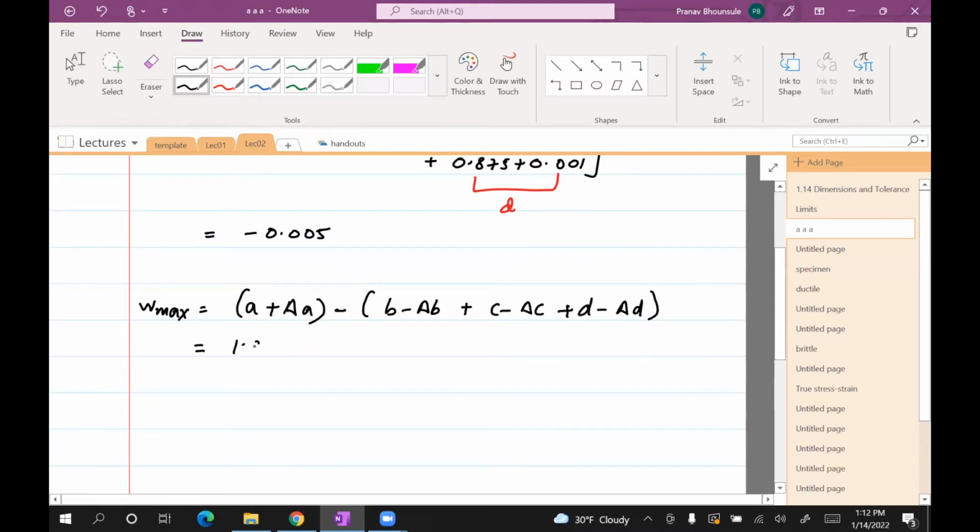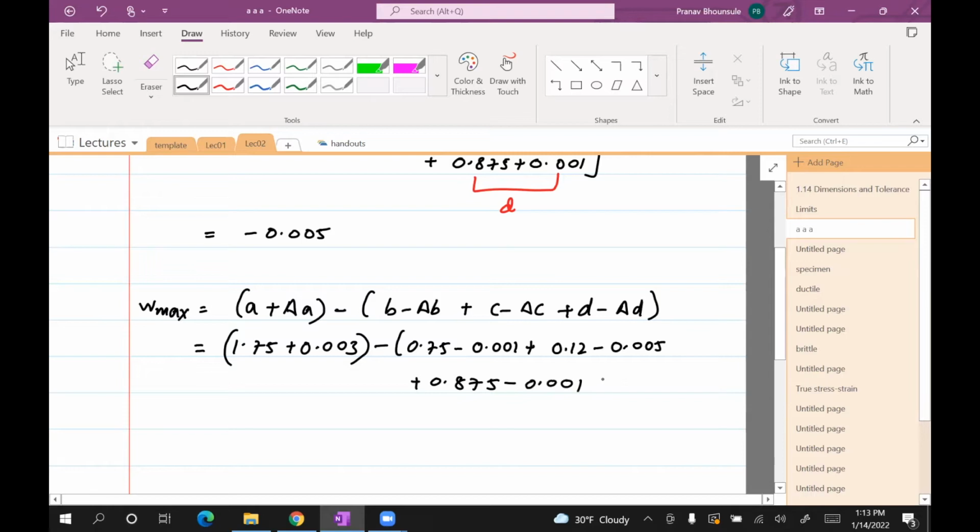So we have 1.75 plus 0.003 minus 0.75 minus 0.001 plus 0.12 minus 0.005, and finally 875 minus 0.001.